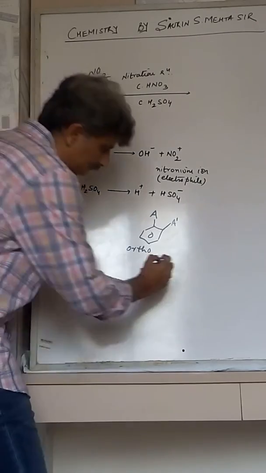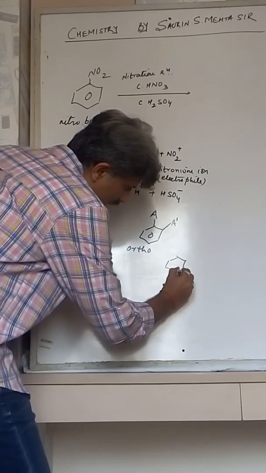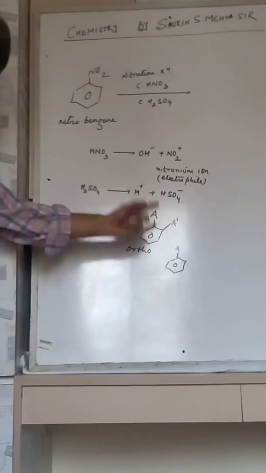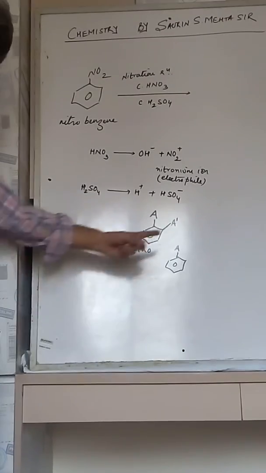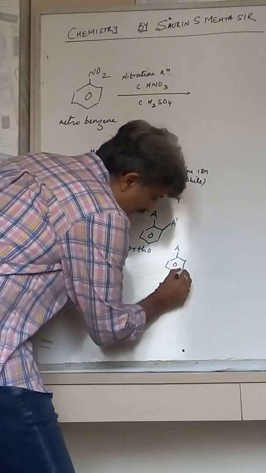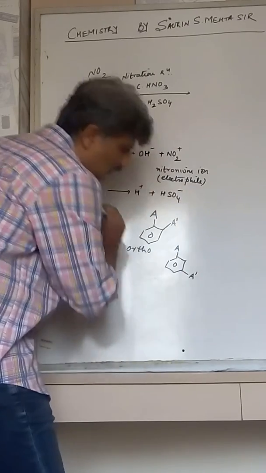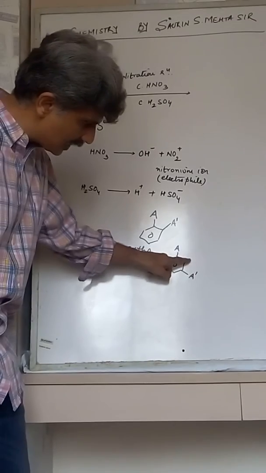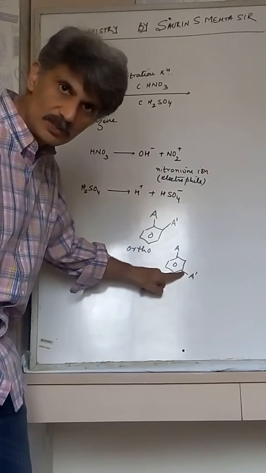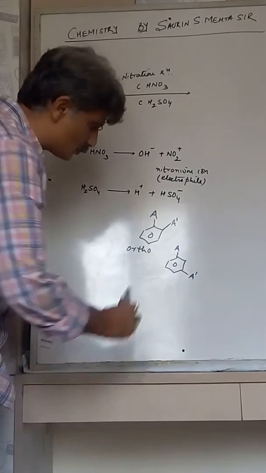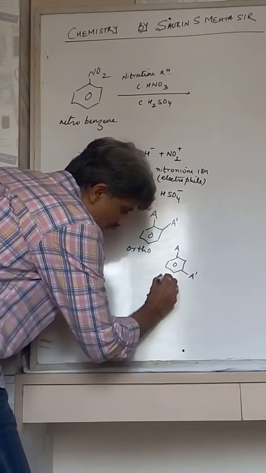Instead of that, if the group A is present on the carbon, as you can see, and if the incoming group gets onto the third position with respect to the first, this is carbon 1, this is carbon second, this is carbon third position, then the incoming group is settling over here. This position is known as meta position.